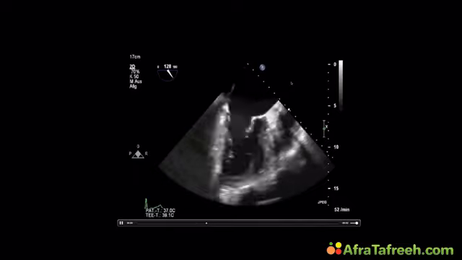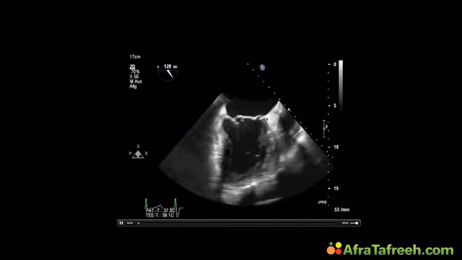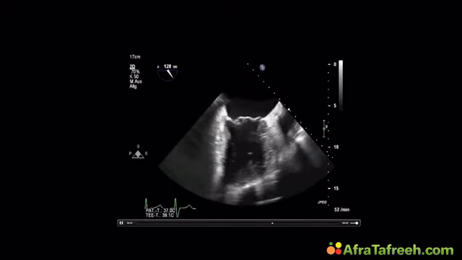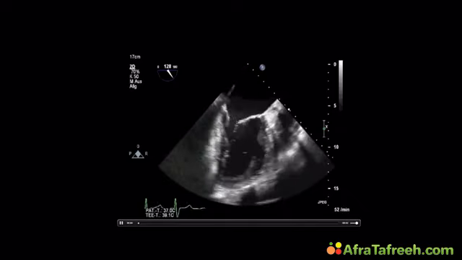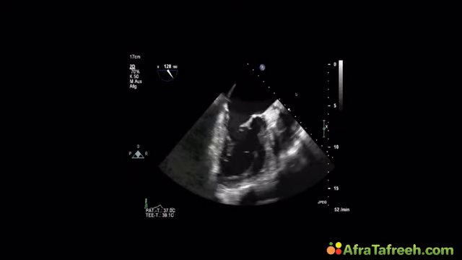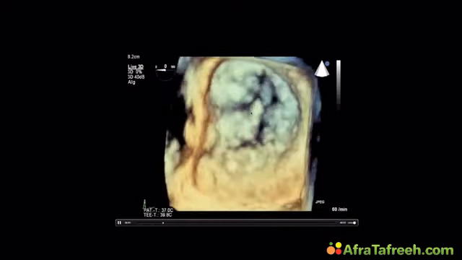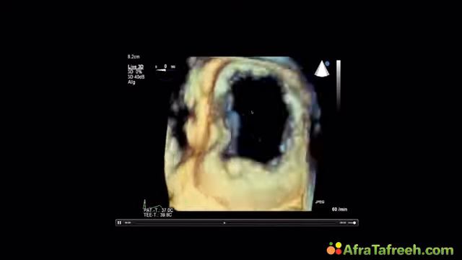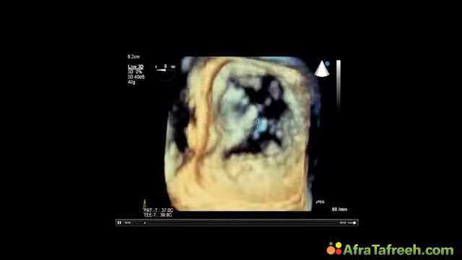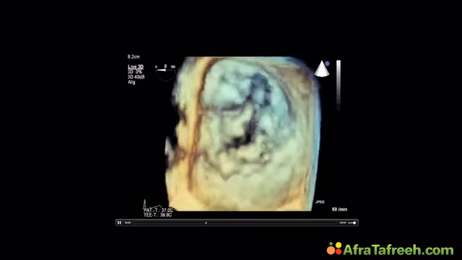This is what I call the parallel sign, which can only happen if part of the anterior leaflet is detached. And if you look closely right here, you would see the detached part of the leaflet. And going back to the 3D study, this is exactly what we see here. You see, this is the flail anterior leaflet. So with a bit of practice, you can make the diagnosis out of 3D.